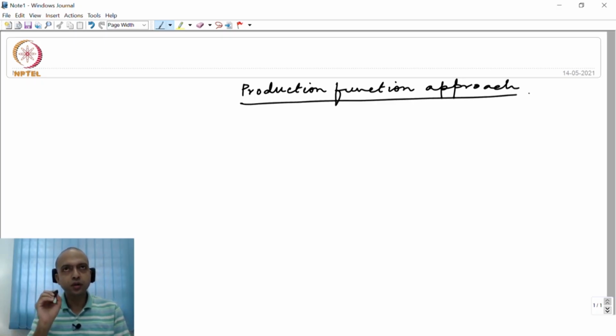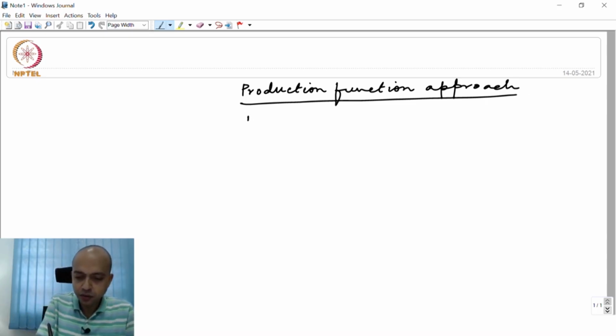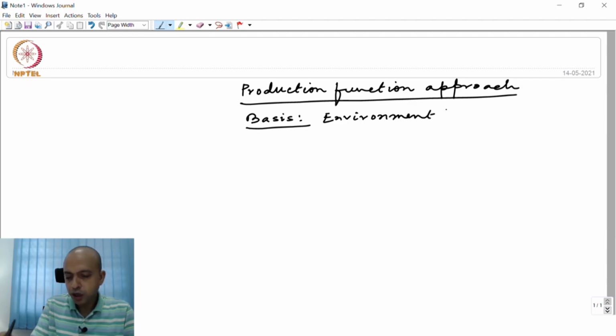Now, the basic assumption in this particular approach, the basis of this production function approach, is that the environment acts as an input in the production function.